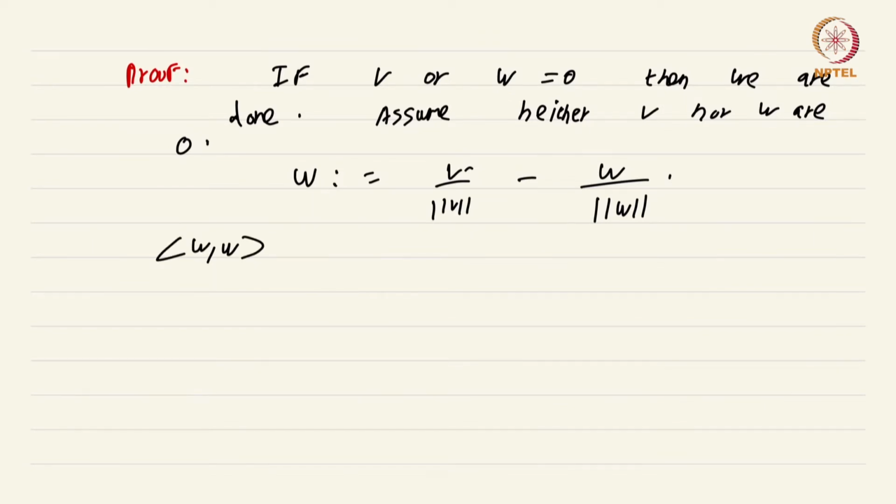So all you have to remember for the proof that I am giving is that you have to consider this vector. Actually, I shouldn't call it W because I already have W on the right hand side. So let me just call it U, the previous letter. Okay, so all you have to remember is to define this auxiliary vector U, which is just V by norm V minus W by norm W, and take the inner product of U with itself.